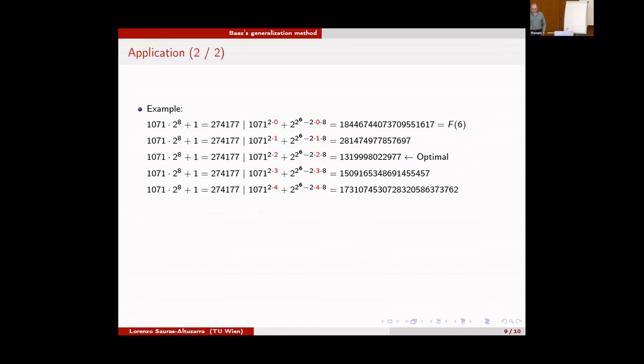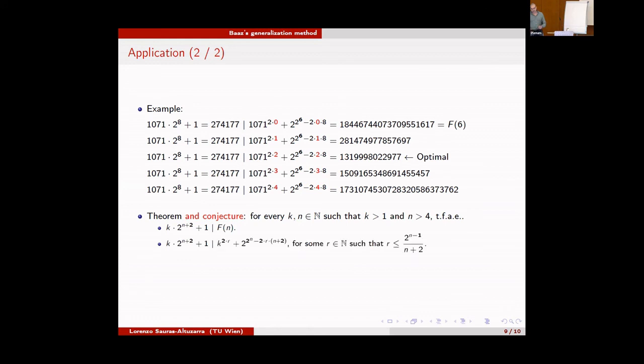And this is how this theorem looks, a bit more formally expressed, and also a conjecture, because what I saw here happens in all the examples that I checked: that this number divides the nth Fermat number if and only if, for some R that doesn't make the exponent negative, obviously, we can perform this division.